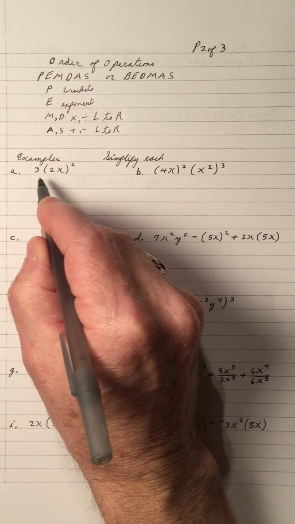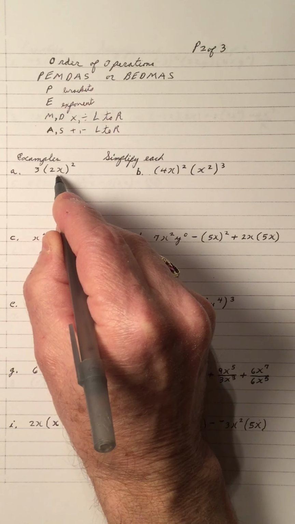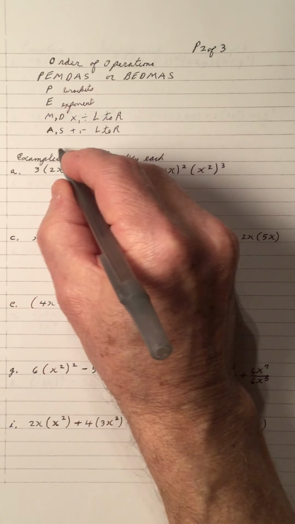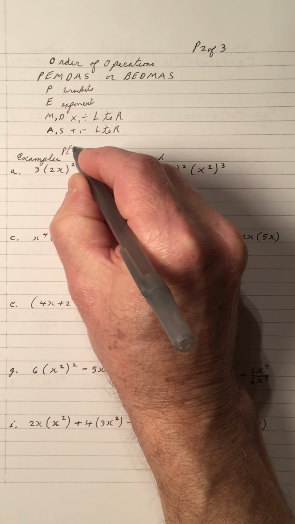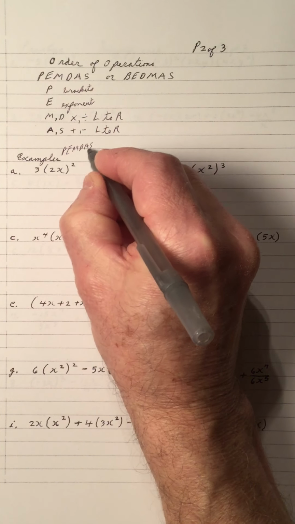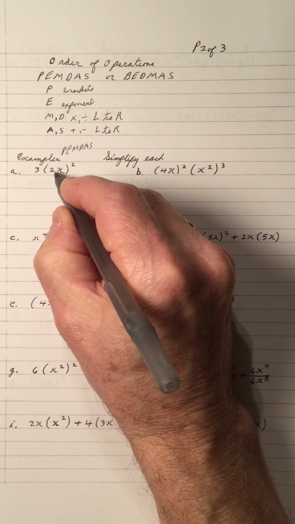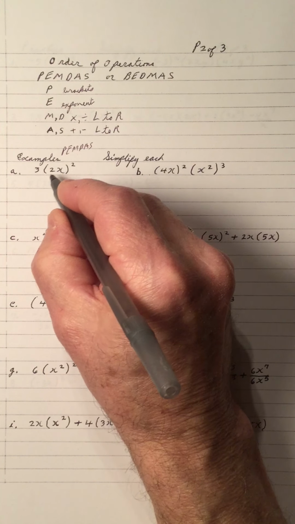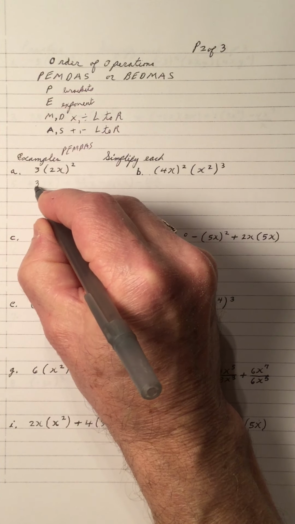A, we have 3 times 2x squared, so we have to do PEMDAS. We have to do the inside of the brackets first, but the inside of the brackets is already done. So we have to square. So that's 2x times 2x.